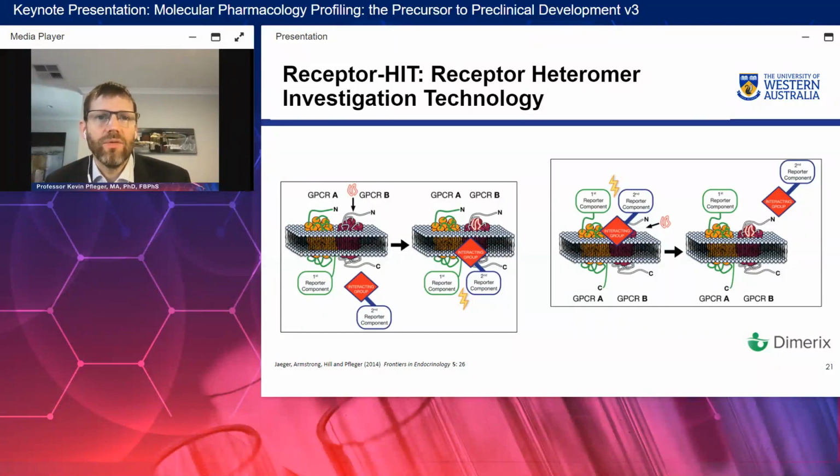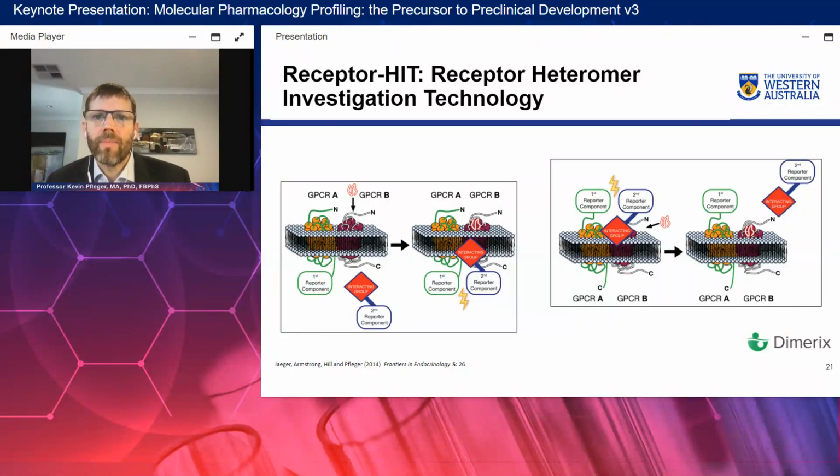This can be done with an interacting group that's inside the cell, such as beta-arrestin or G protein or GRAB2. It can also be configured the other way up, where we have the first reporter component labeled on the N-terminus of GPCRA, and the second reporter component is attached to a ligand. So this means that you have a fluorescently labeled ligand with the fluorophore being the second reporter component.